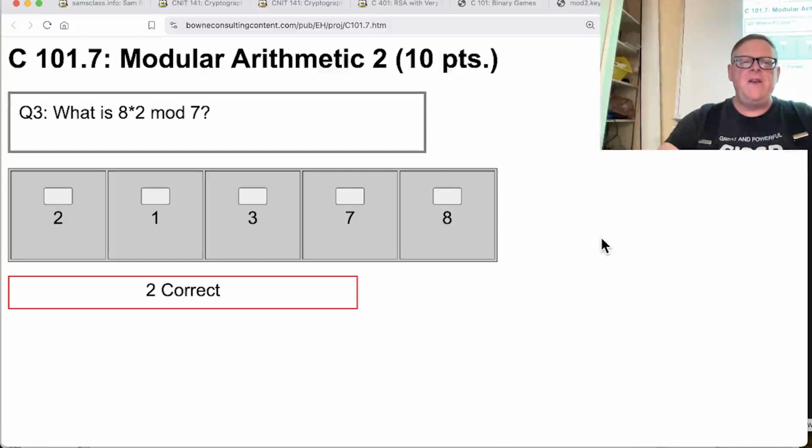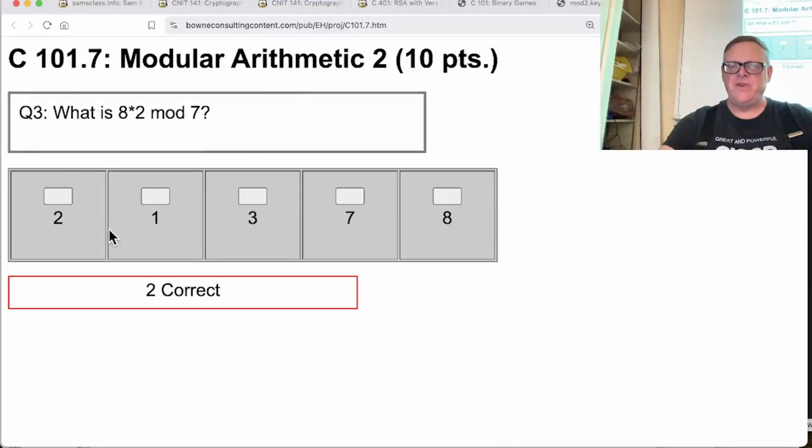All right, how about 8 times 2 mod 7? That's 2. 8 times 2 is 16.